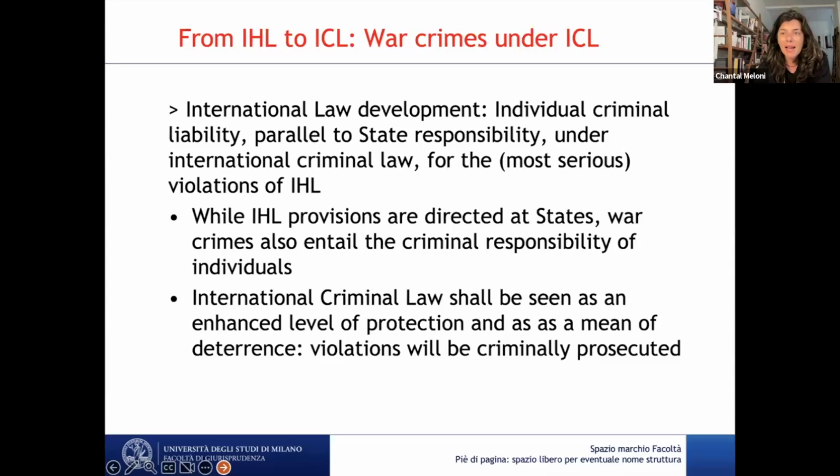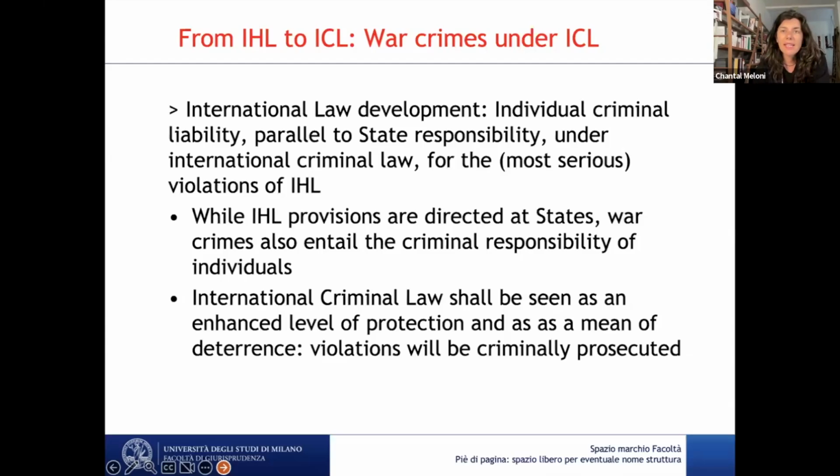But at the same time, and this is what we are talking about specifically in my presentation, there is a parallel responsibility of individuals. And this parallel responsibility of individuals is of a criminal nature.